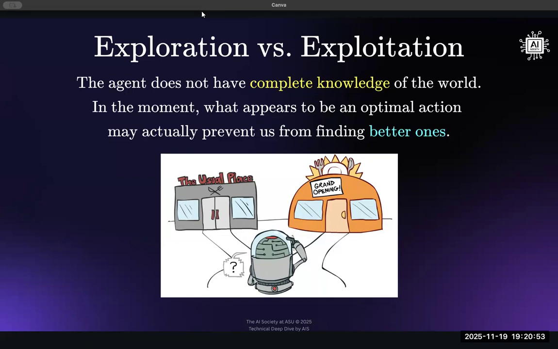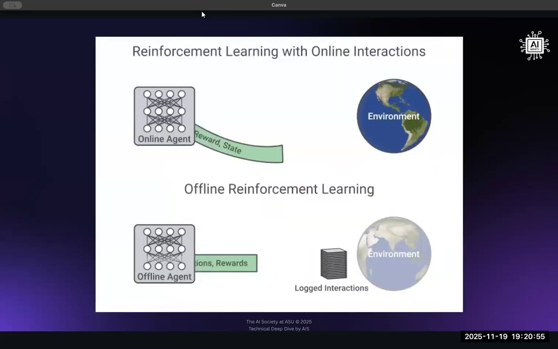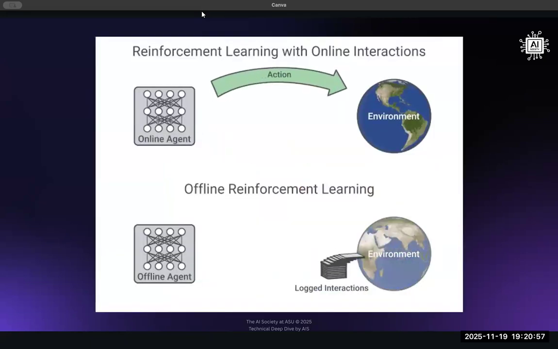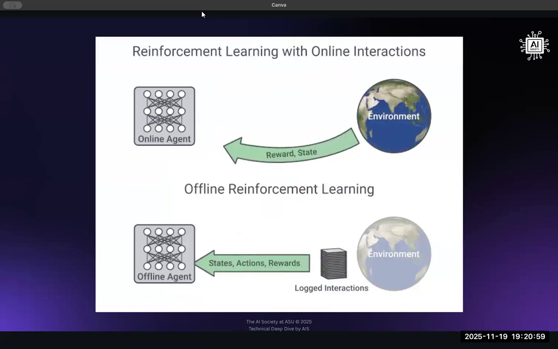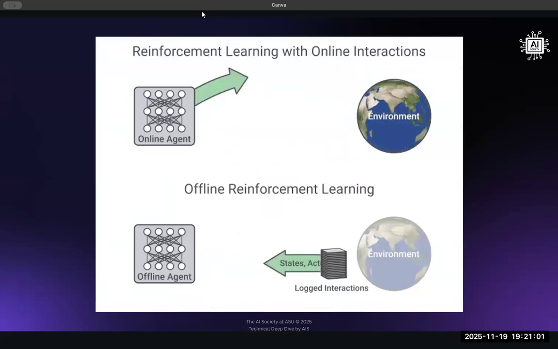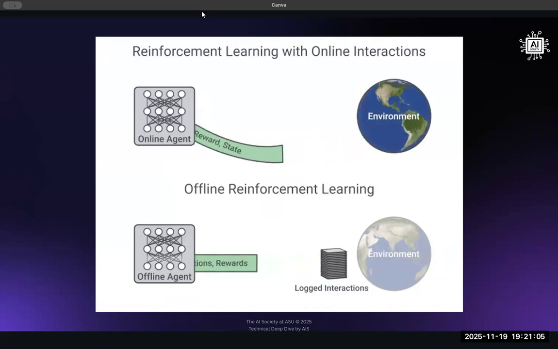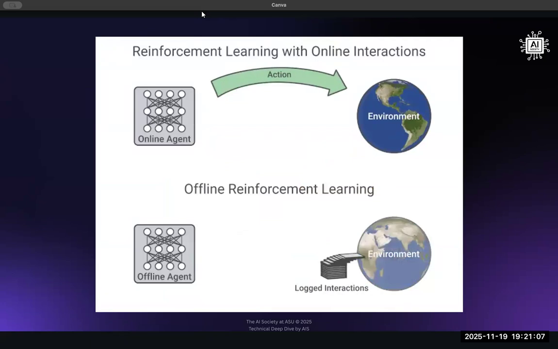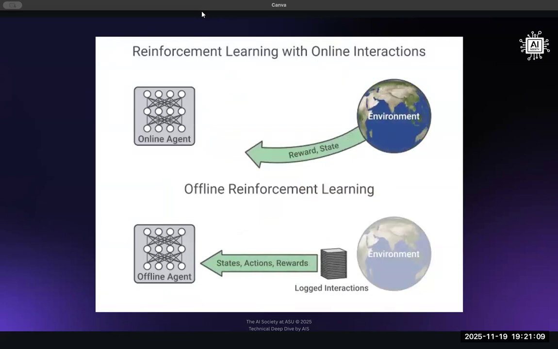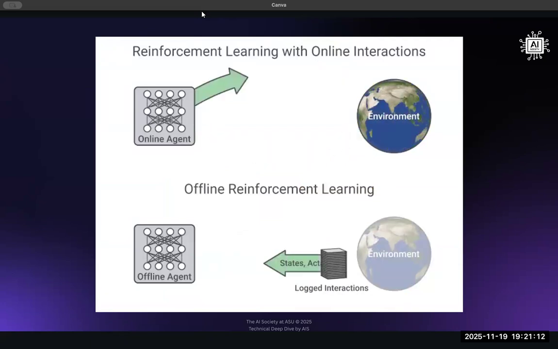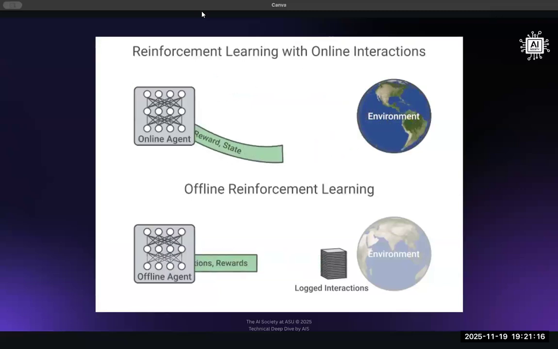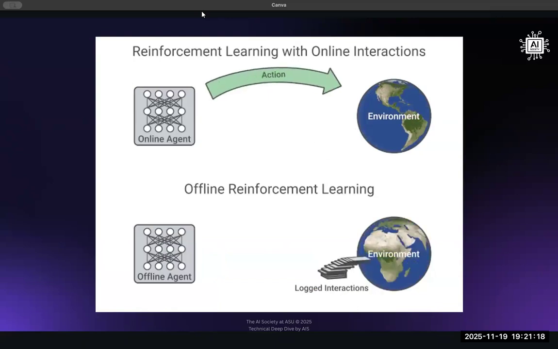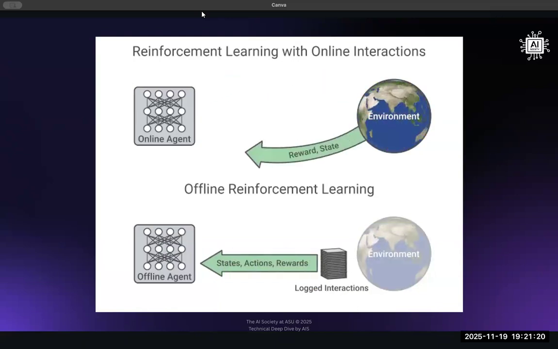I'm not going to talk about bandits right now, but further, the problem of reinforcement learning has two different settings in which it can be. The first one, as is natural to most of us, is we're interacting directly with the environment. But the second one is perhaps we're not interacting directly with the environment.